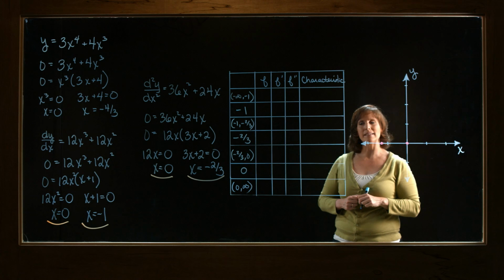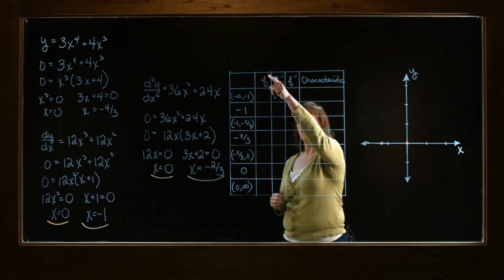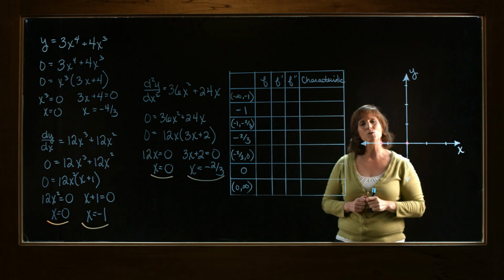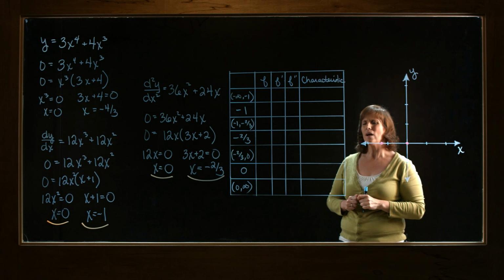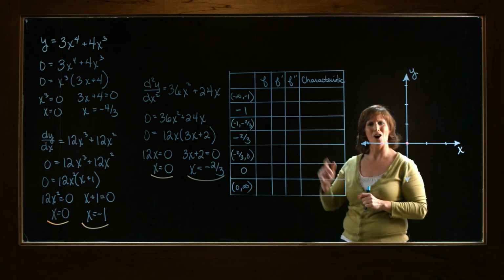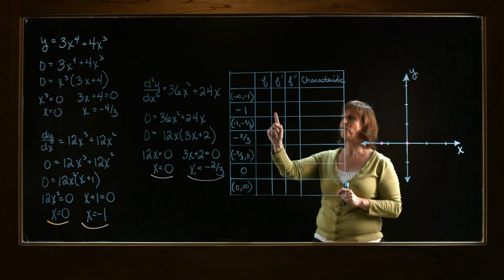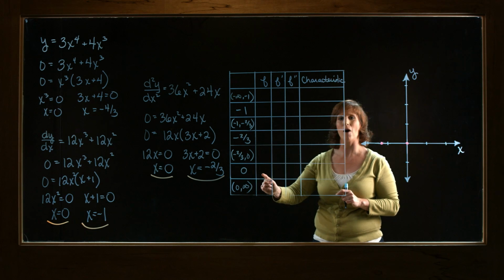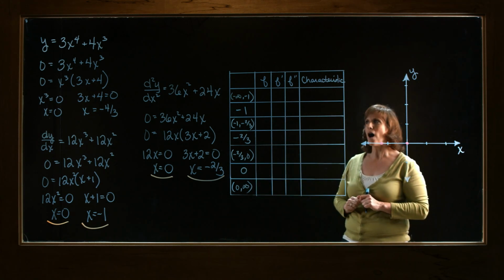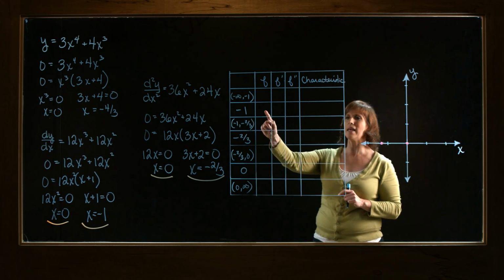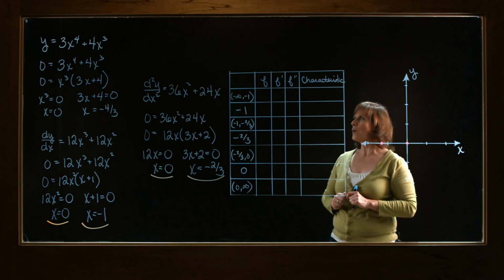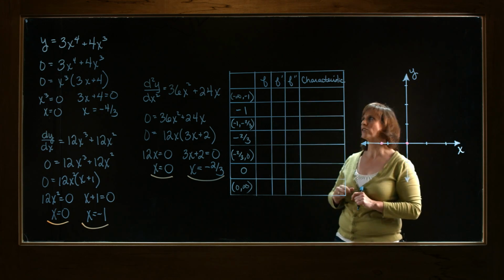All right, let's look at some features. The second column, I want to evaluate my function. Well, it doesn't make any sense to evaluate a function on an interval, so I'm only going to be filling in the squares that correspond to given points. So I want to know what is the function value when my input is -1. So I'm going to plug that in to the original equation.